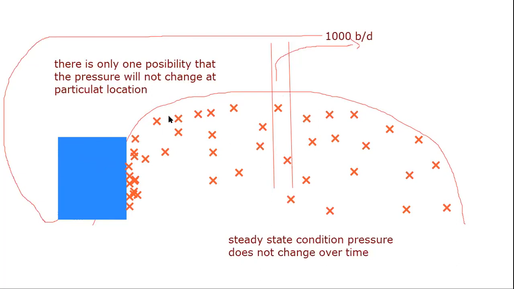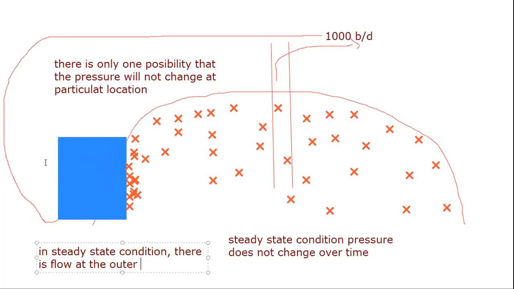through the water. So in a steady state condition, there is a flow at the outer boundary. Any production is replaced by flow from the outer boundary.